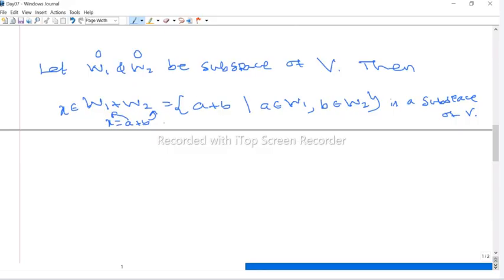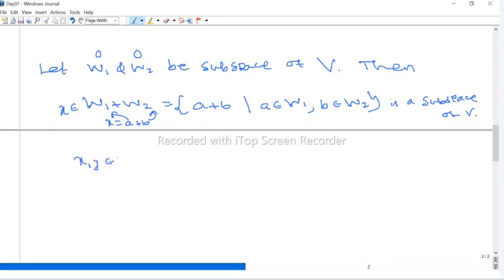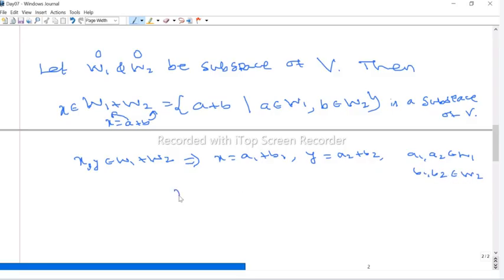Then take any two elements x, y in W1 plus W2. We have to show that the sum x plus y is in the set. Since x is an element of W1 plus W2, x is of the form a1 plus b1, and y is of the form a2 plus b2, where a1, a2 belong to W1 and b1, b2 belong to W2. Now, what is the sum?